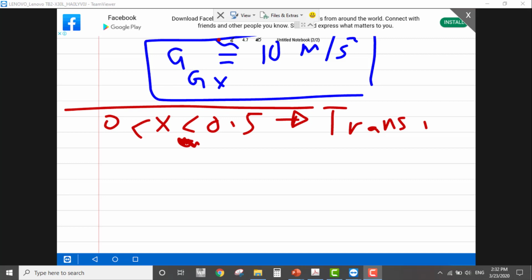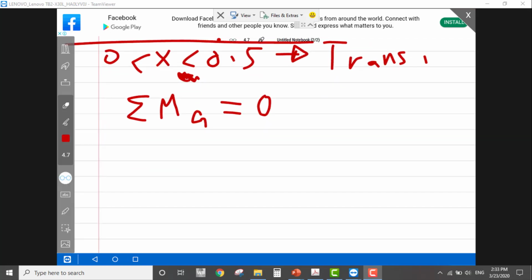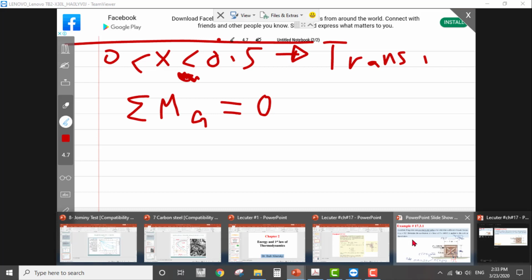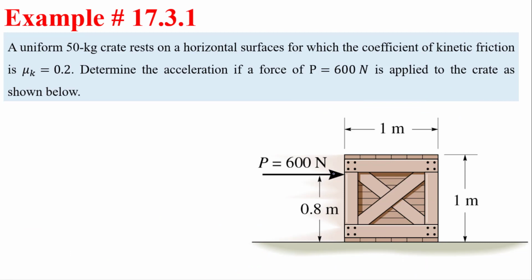Now, in order to verify, we end up with one equation, which is the summation of moment about which point? You can take it around any point, so I'll take it around G. And once the assumption is translation, the summation of moments about the centroid equals 0. So which forces create moment about G? Let me go back to the slide and erase everything here. So we have force here.